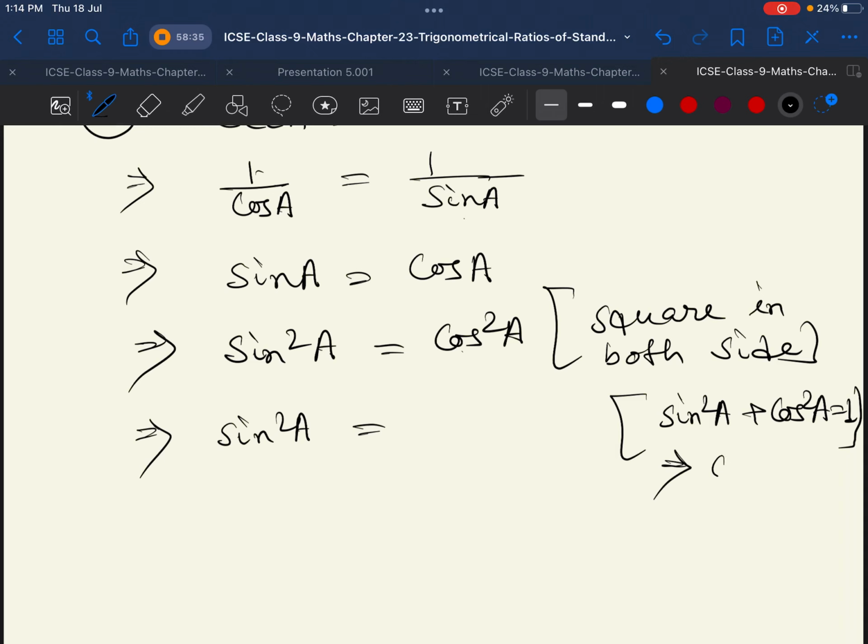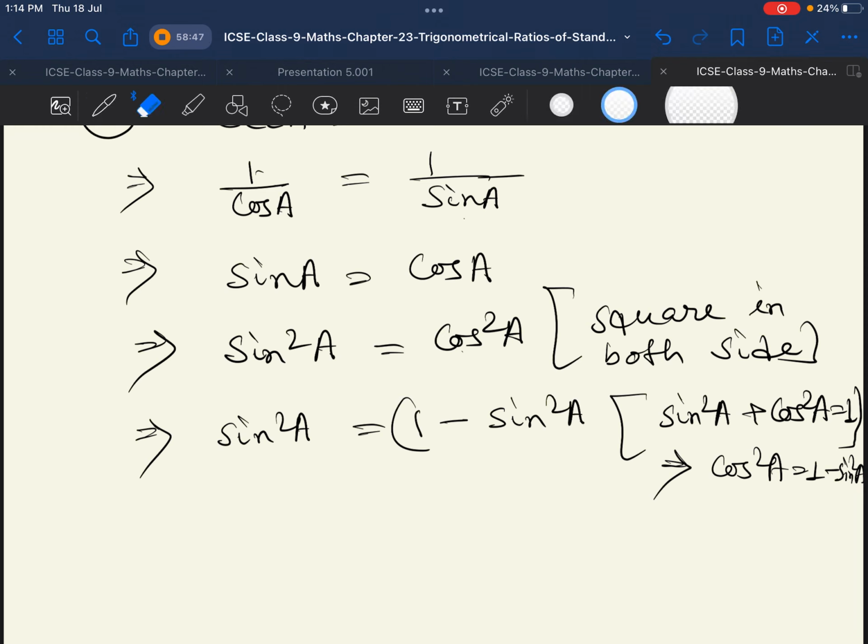So we can write here cos square A equals to 1 minus sin square A. So we put cos square A as 1 minus sin square A.